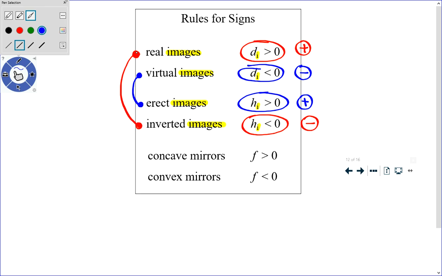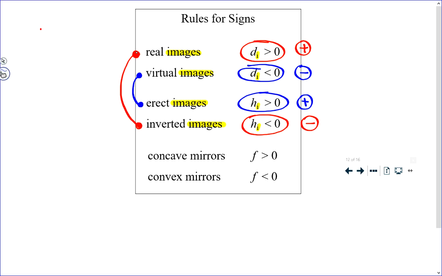And then we have rules for the focal lengths. Now, if the mirror is a concave mirror, the focal length is a positive number, but if the focal length is virtual, which it is for a convex mirror, the focal length is negative mathematically. So essentially, real focal lengths are positive and virtual focal lengths are negative.